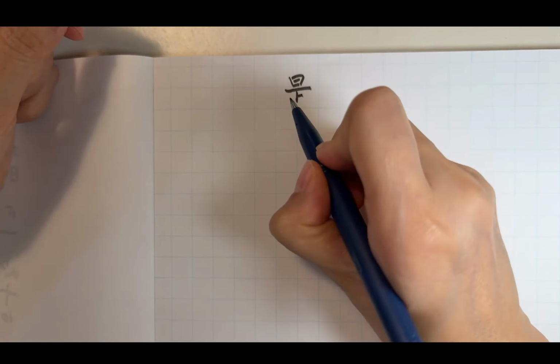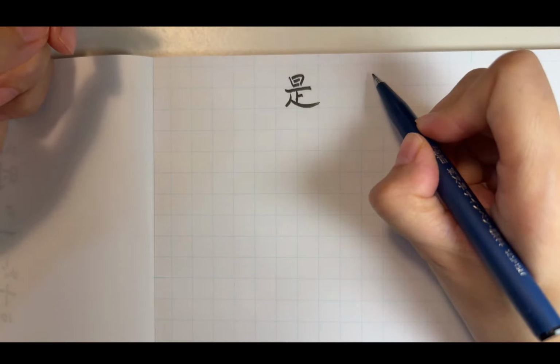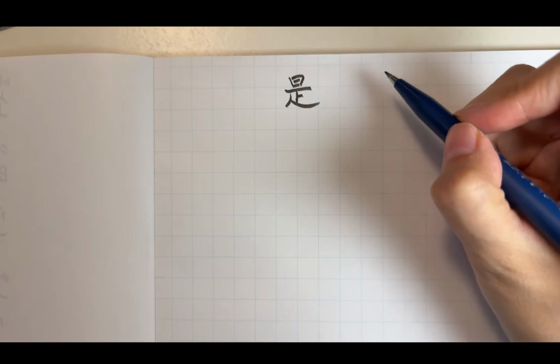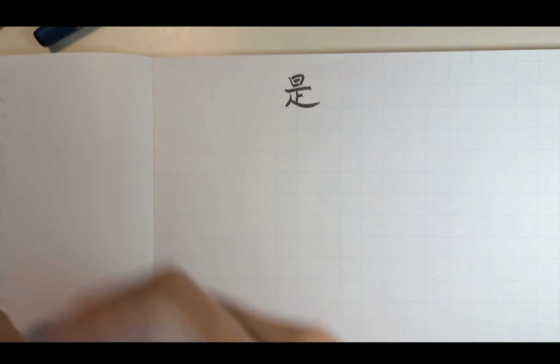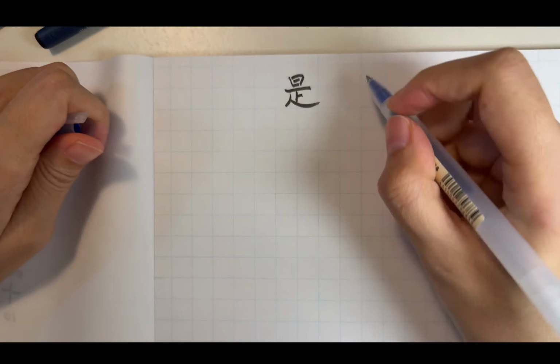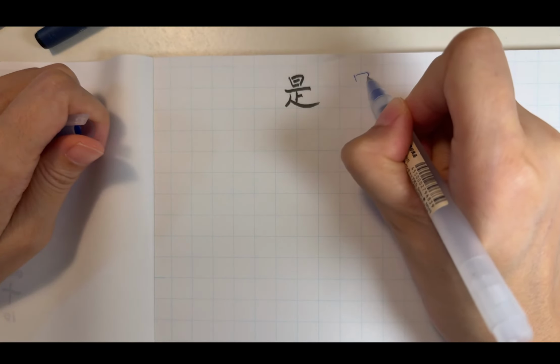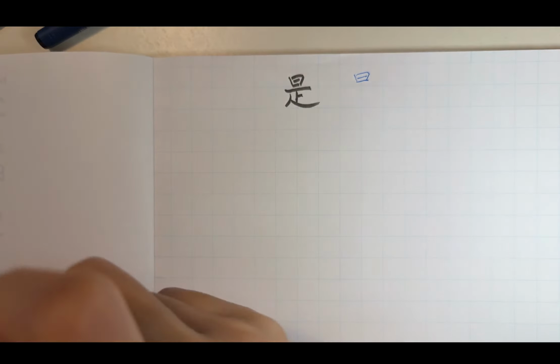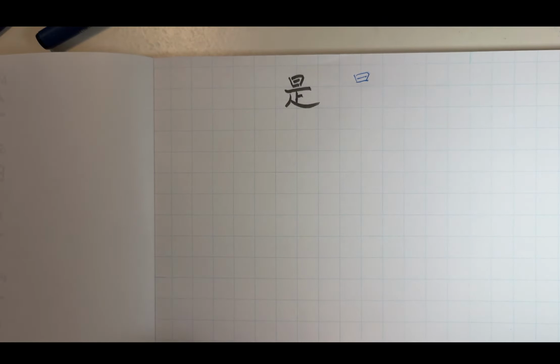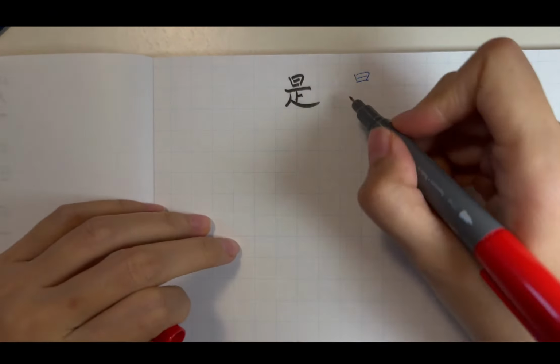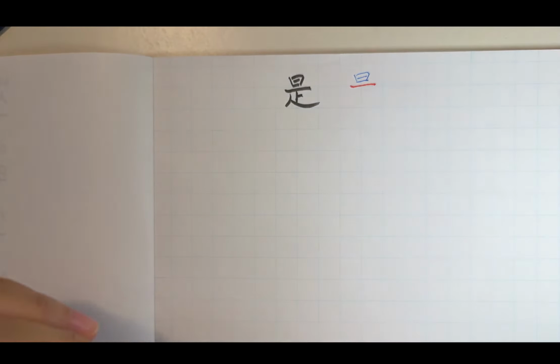And the fourth one is like a person, like 人, but just longer strokes, like longer right stroke. So you will see this is one part. So maybe I'll write in different colors so you can see. If you write the 日 on top, you write the 横.